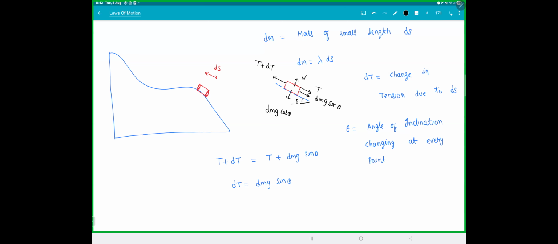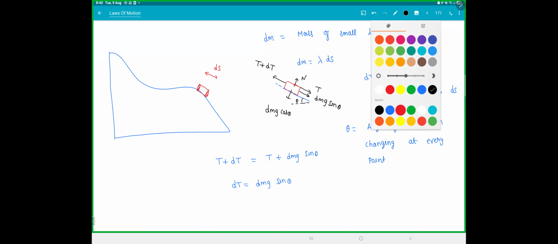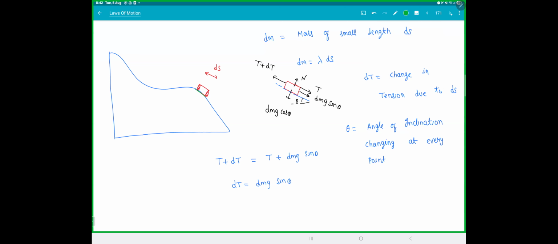Any doubt so far? So basically this small piece here, you can treat like an incline. So the ds can be treated like a small incline. Any doubts on this page? Please ask me.